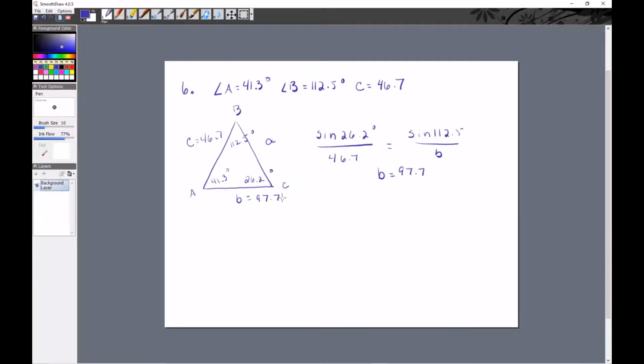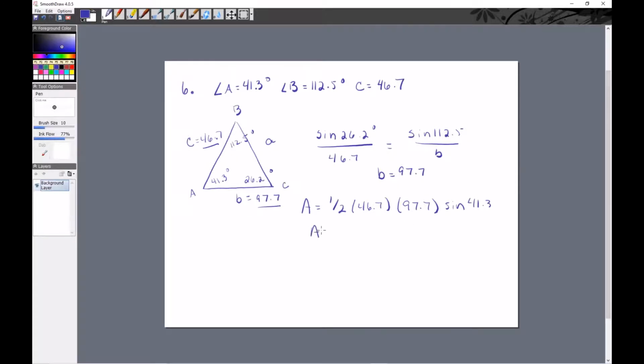I've double checked this because I actually had it wrong the first time, so hopefully it's right now. So now we'll just use that formula based on the law of sines. Area will be 1/2 times this side here, 46.7, times this side right here, 97.7, times the sine of the angle formed by the vertex, sine of 41.3.